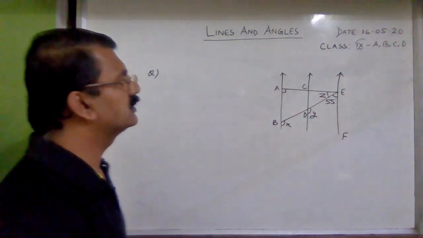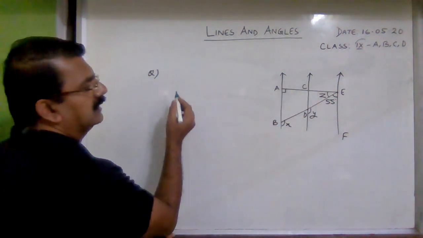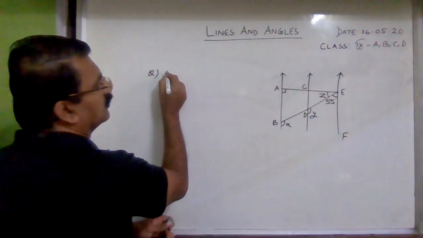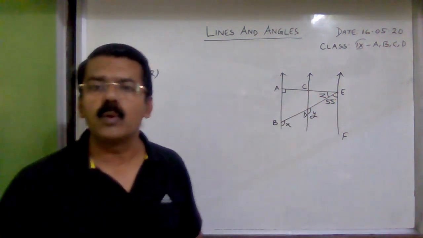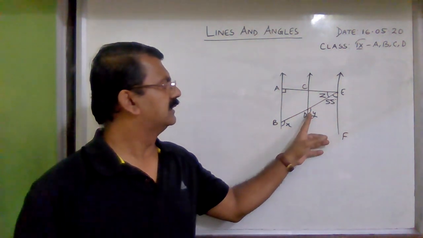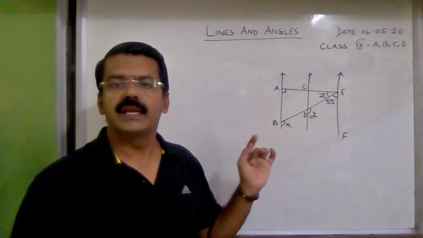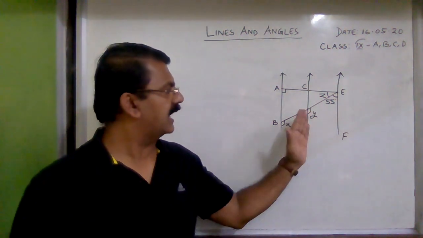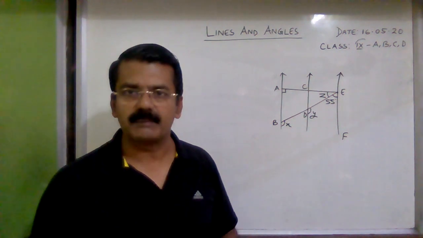So first of all, you see, as lines CD and EF are parallel, Y and this 55 are co-interior angles, or the allied angles I told you earlier. You know that when the lines are parallel, the sum of co-interior angles is 180 as they are supplementary.